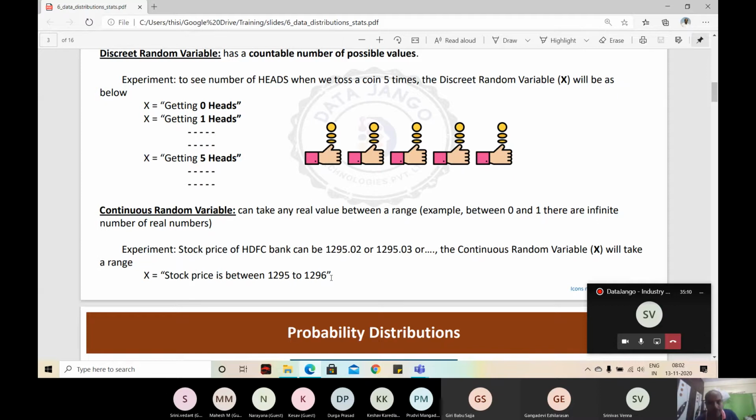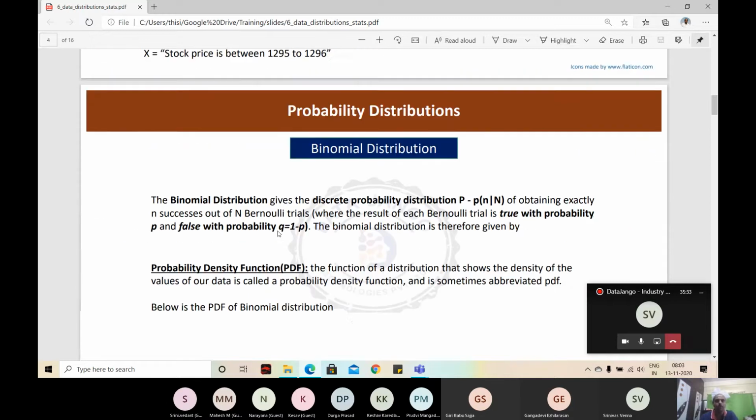I'll show you why when we look at the graph. We can calculate it, but it is not going to be that accurate. If it is a range, definitely you will be able to calculate. And there will be a confidence interval also. This is called the confidence interval, and there will be a confidence percentage also. We'll talk about all that in future. So this is called a continuous random variable.